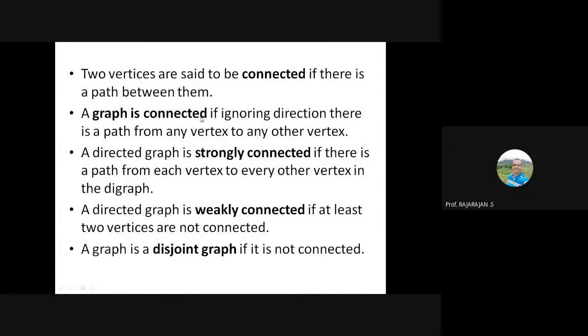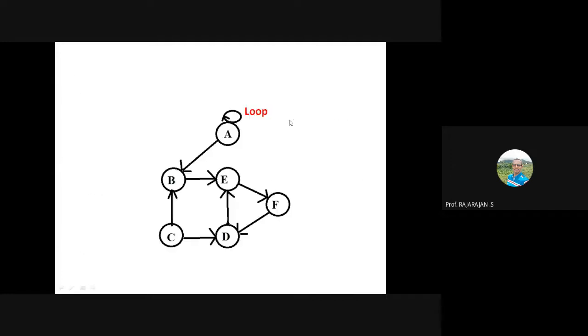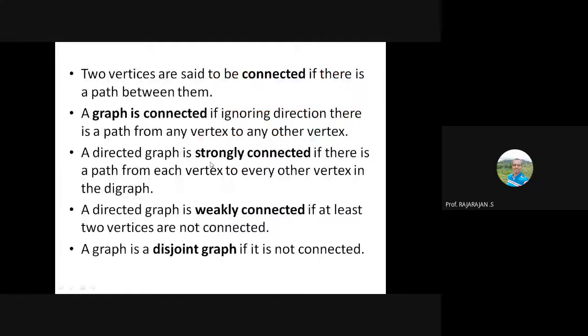And again, you have to keep in mind that connected has to be decided based on the direction. So for example, here A and B are having a connection, having a path, but they are not fully connected because you can't go from B to A. There is only a path from A to B, but not from B to A. So there is going to be a difference between strongly connected and weakly connected.